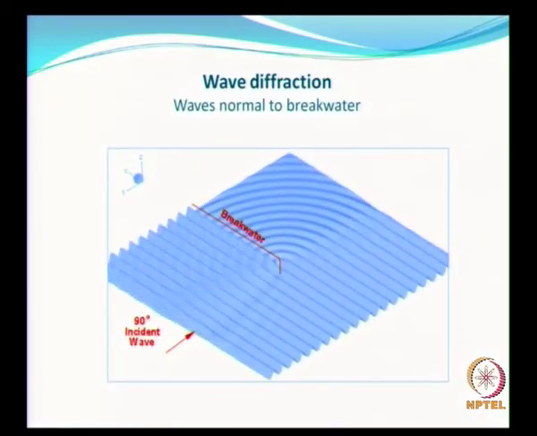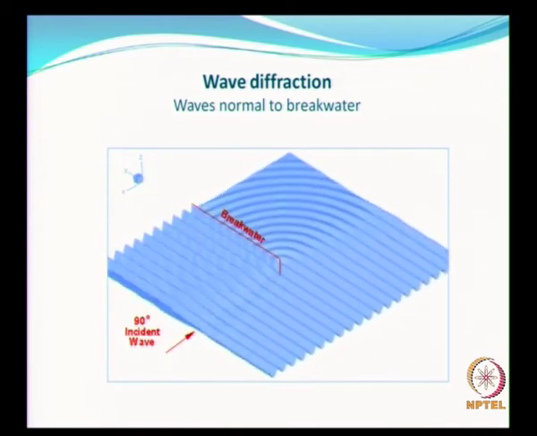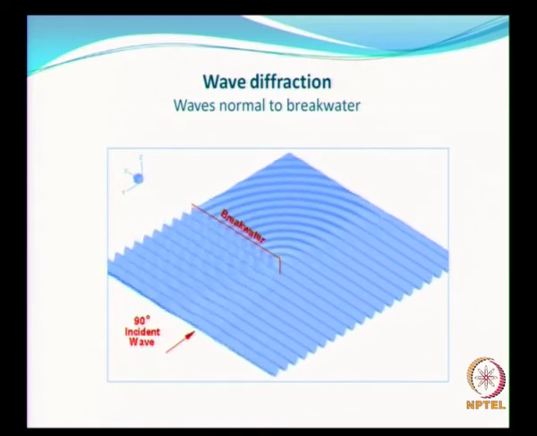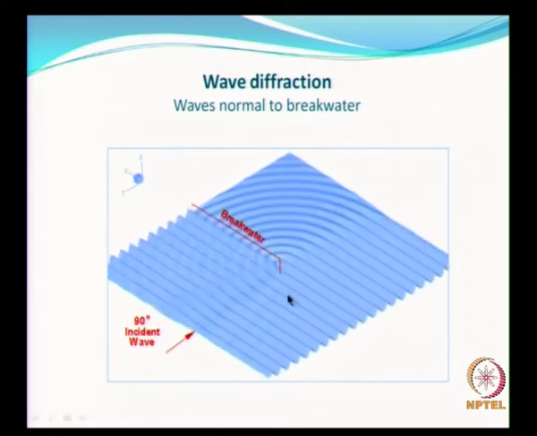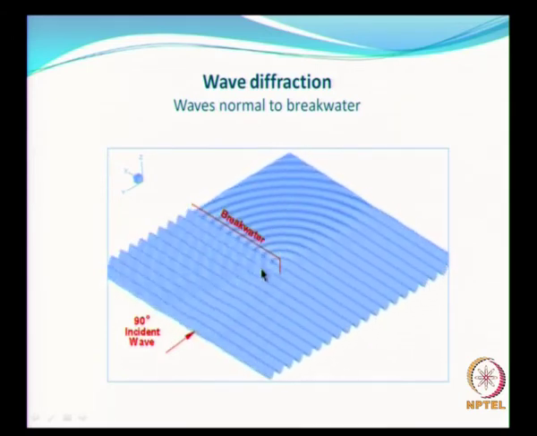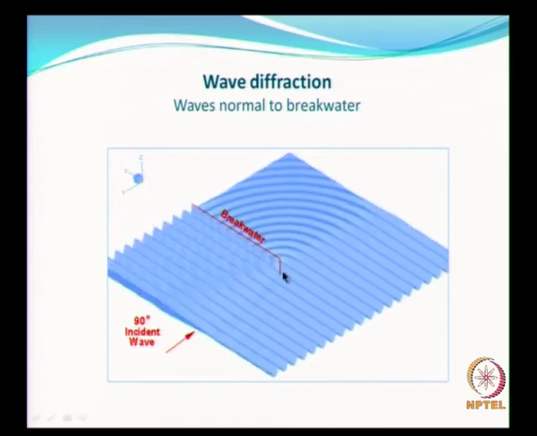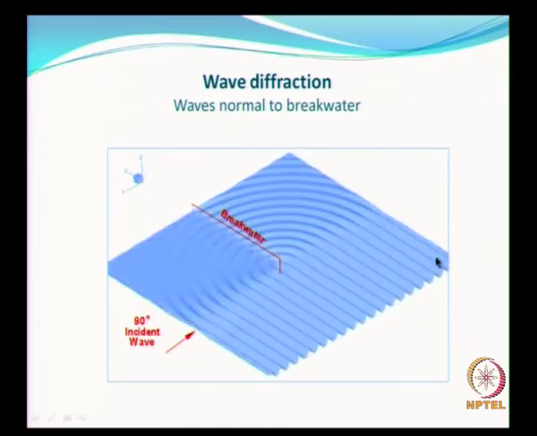So this is an animation wherein you see the breakwater here, the presence of breakwater, the waves are moving, and after it is impinging on the structure you see that this moves uninterrupted.